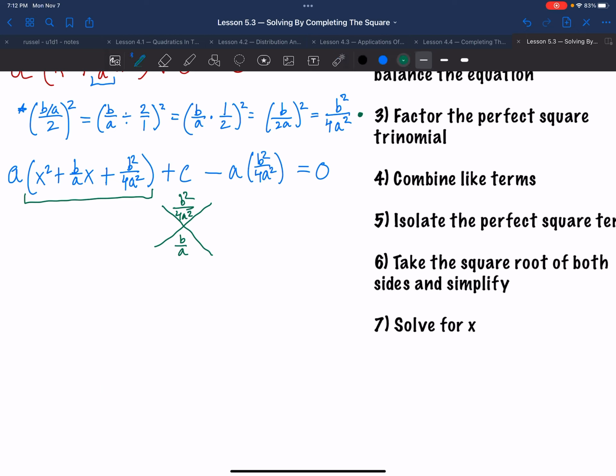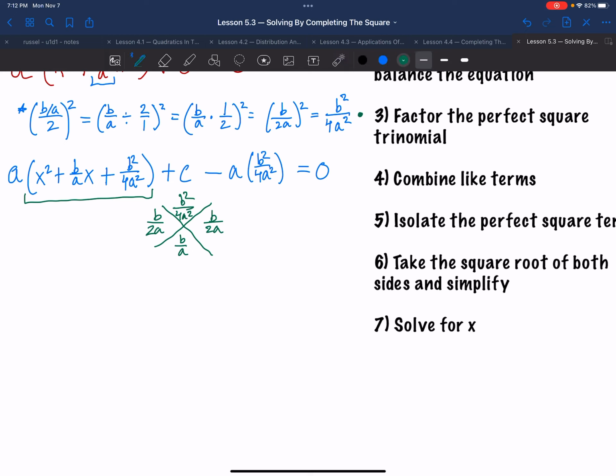So really, I just need to do b over 2a and cut it in half like that. B over 2a. And if you weren't sure about doing that, look, b times b is b squared. 2a times 2a is 4a squared, right? I have to do the same number twice so that I get that perfect square.